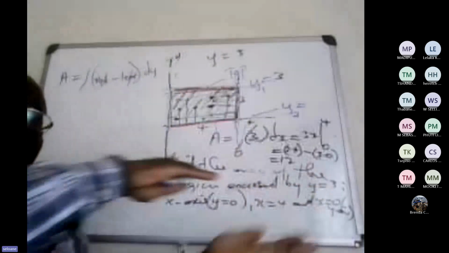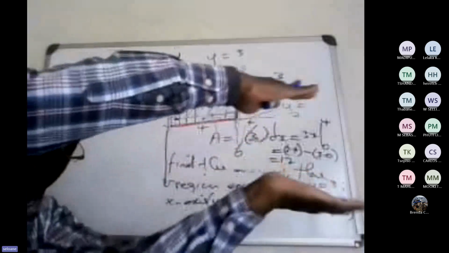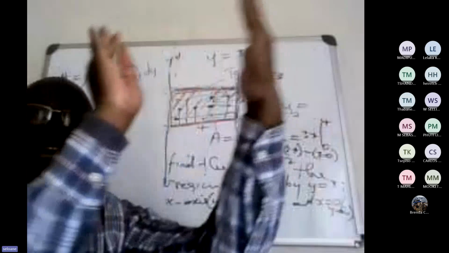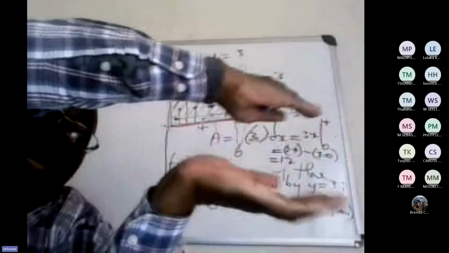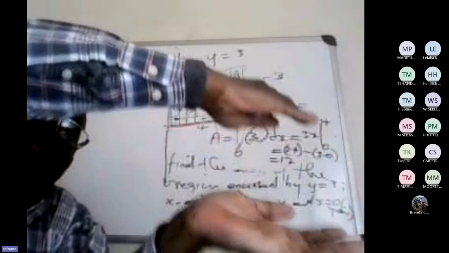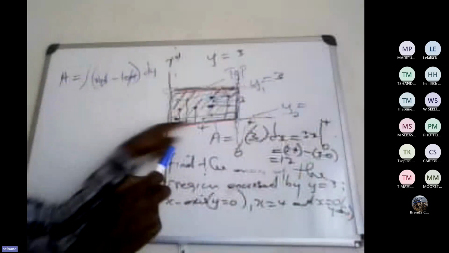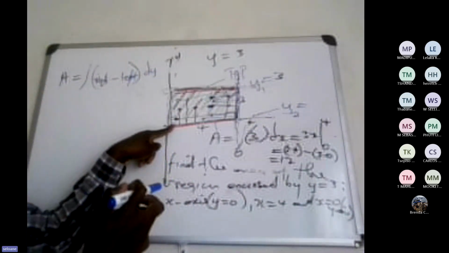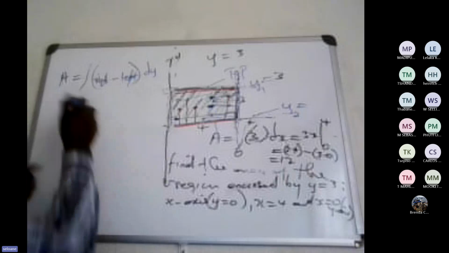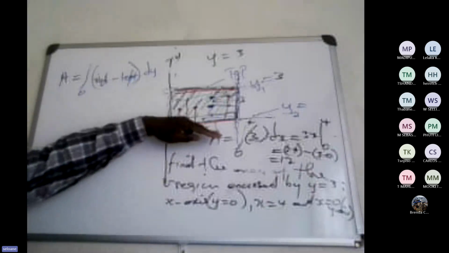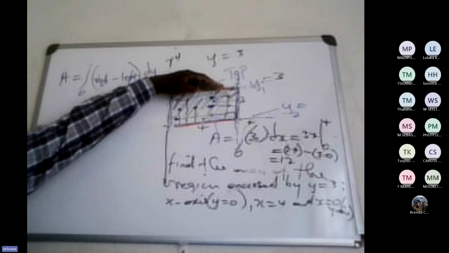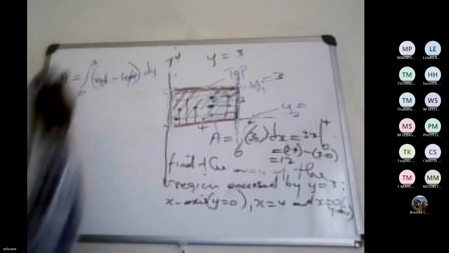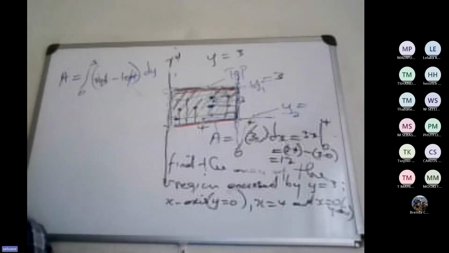No longer vertical lines, which is x and x, but horizontal lines, which is y and y. This region starts where y is how much? It will be 0. And it will continue until where y is how much? It's 3. That's right.